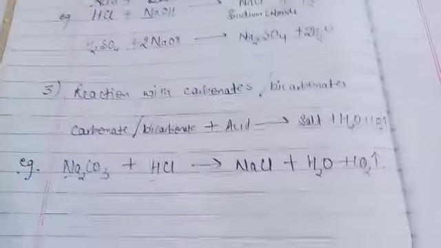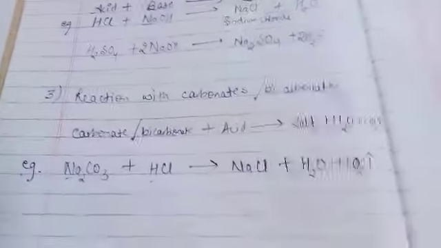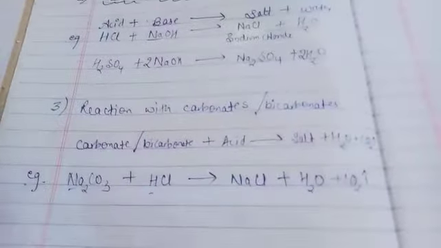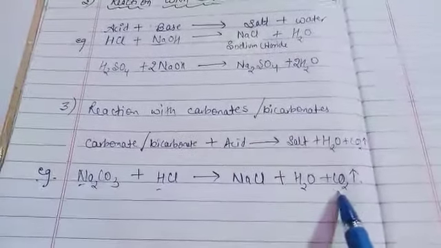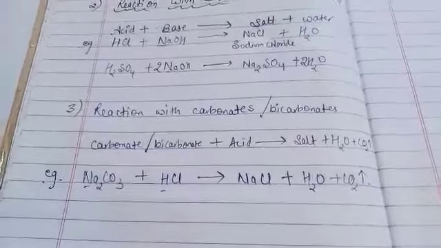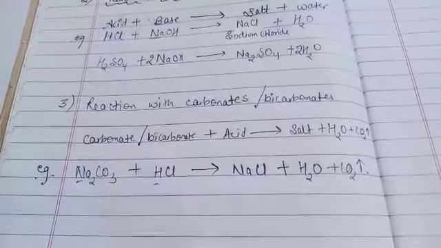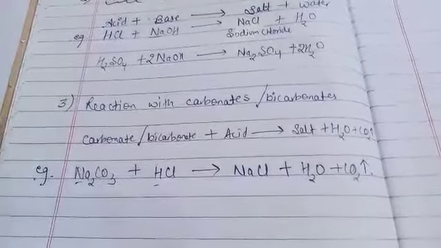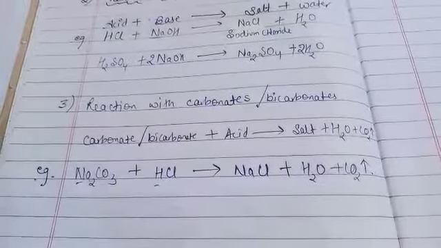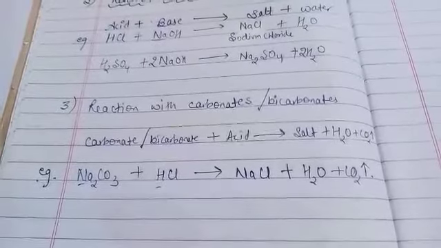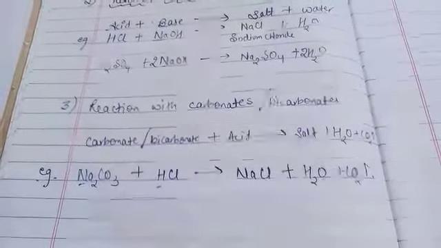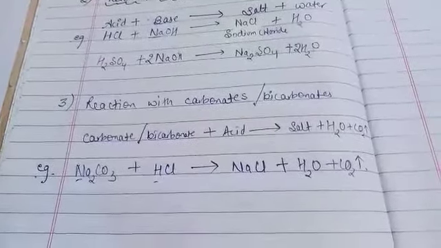So either carbonate or bicarbonate, same: salt plus water plus CO2 gas evolved. Now, how to identify that CO2 gas is evolved? When you pass CO2 through lime water, you know lime water is calcium hydroxide, it turns the lime water milky.